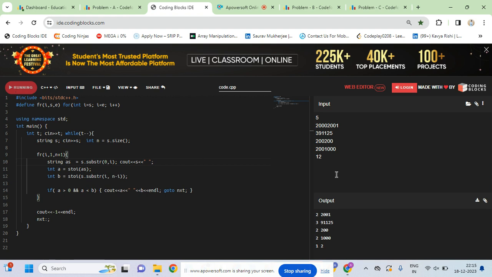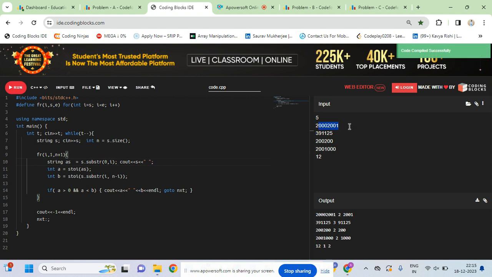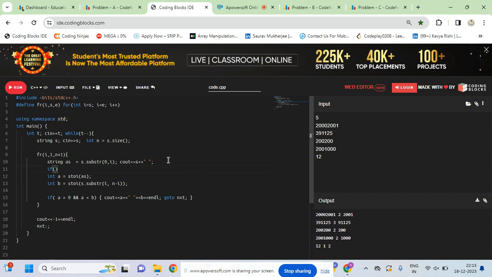Oh, there's an issue. What I am saying is that your condition is that if s of i is equal to 0, just continue, something like that, or it should not be 0.